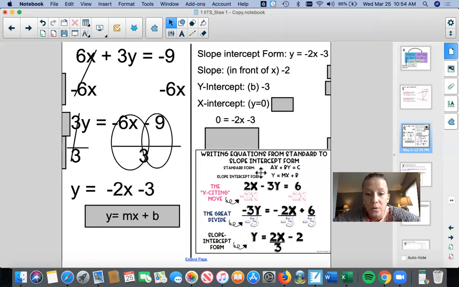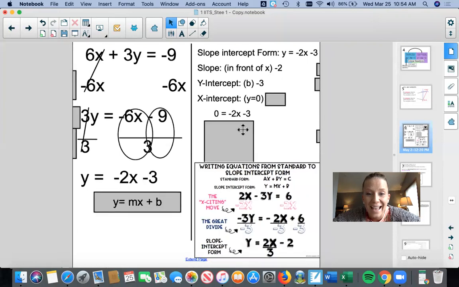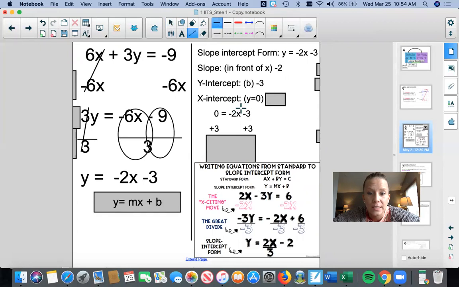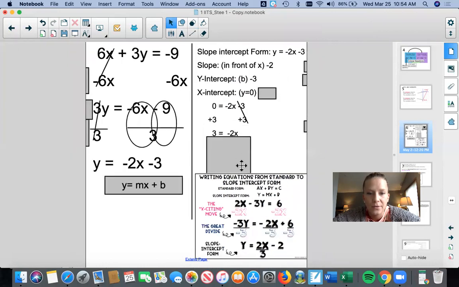First, looks like I'm going to add 3 to both sides, okay, causing it to cancel out on the right. Then simplifying that, 3 equals -2x. I really need that x by itself so I'll know what the intercept is.